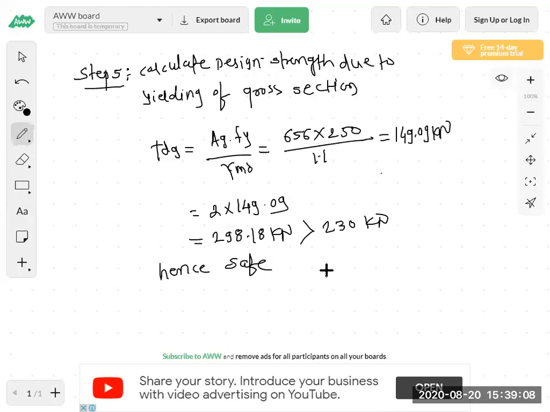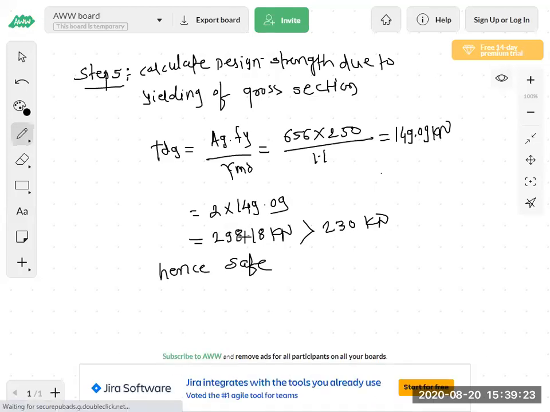Hence safe means the load coming on the joint is 230 and the load carrying capacity of this provided angle is 298. The coming load is 230 and the carrying capacity is 298. So the section we have provided is safe for yielding of gross section.